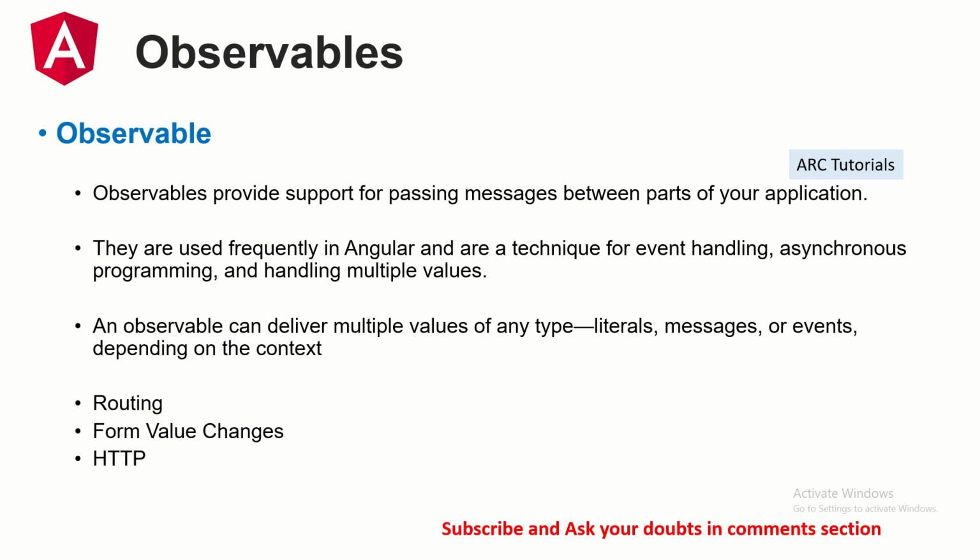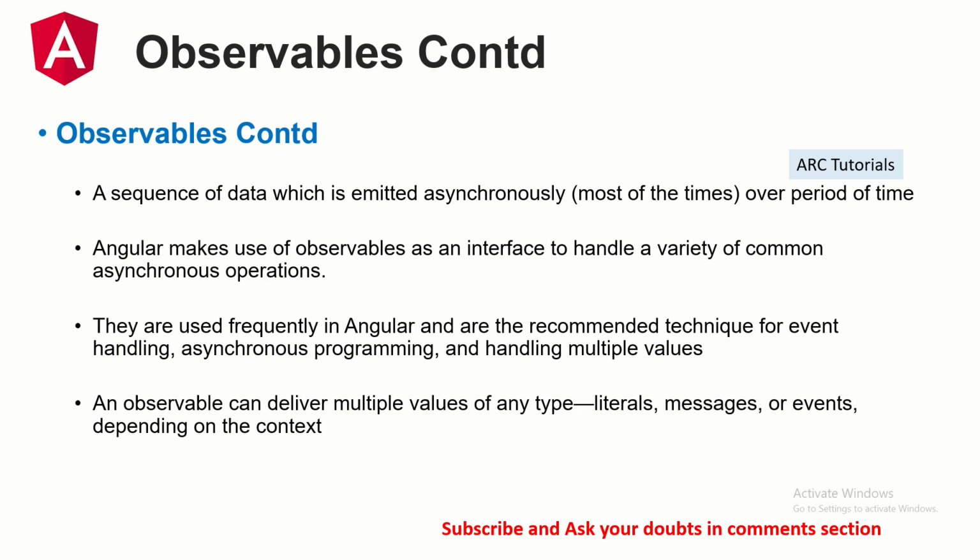If you talk about async operations, event handling, routing, HTTP, form changes, Angular uses observables for all these implementations. Hence it is an integral part of Angular that you should know and learn about. So if somebody asks you what an observable is, you should say it's a sequence of data that is emitted asynchronously most of the time over a period of time. I will explain this in detail when we do hands-on, like what I mean by emitting data or a sequence of data.